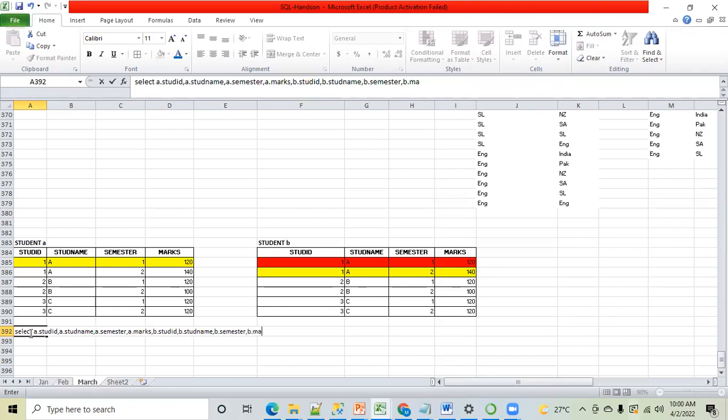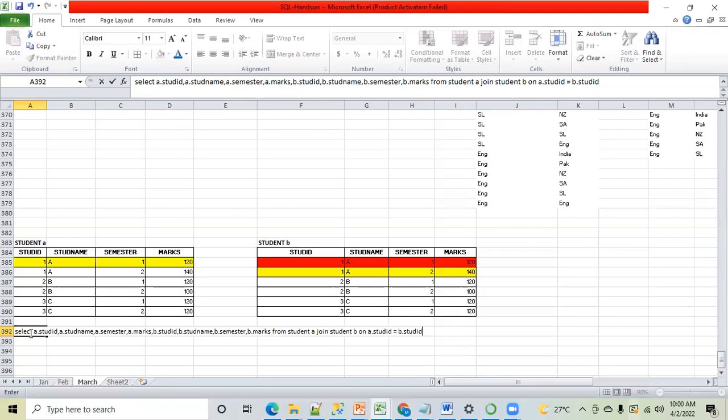There is some reason, I will tell you why. From student A join student B on A dot student ID is equal to B dot student ID. Correct? Okay.